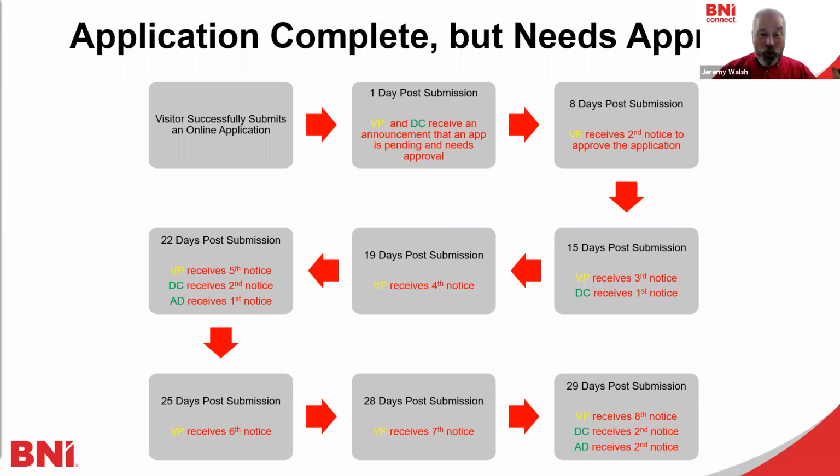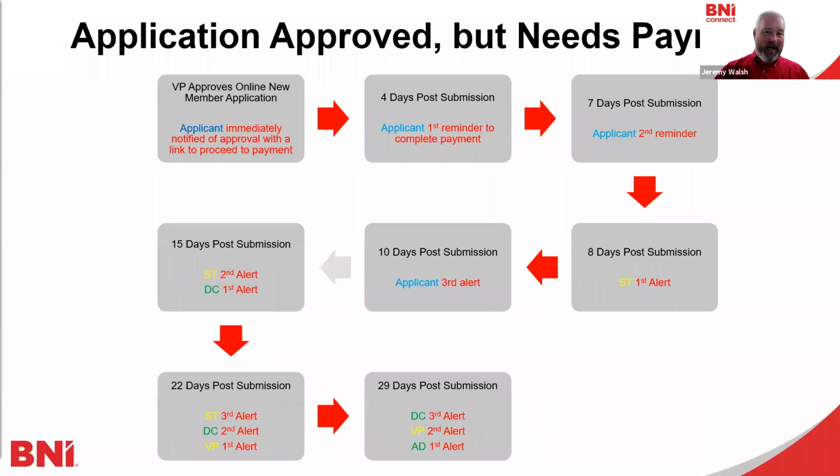After 22 days, we get the area director involved as well. And then we send the VP a couple more notifications. And then at 29 days, we bring the area director in again. So there's a whole bunch of notifications there. Then once it's been approved, but now needs payment, we send several different notifications to the applicant.